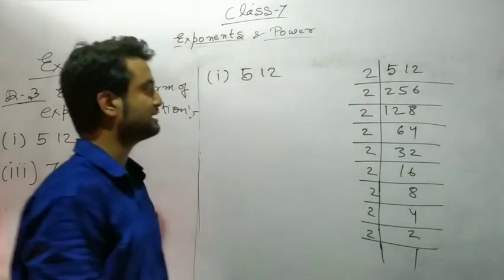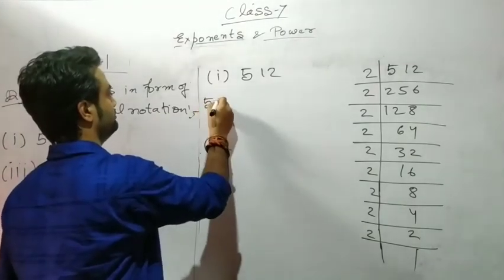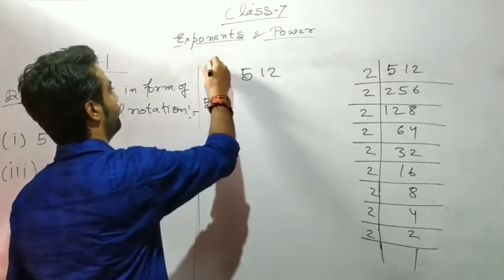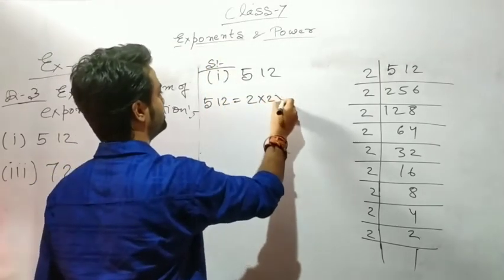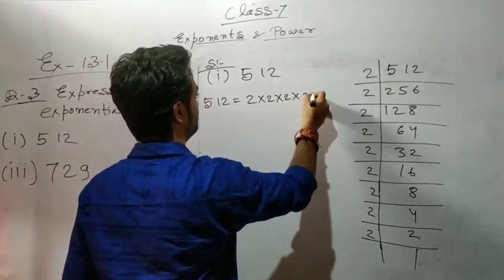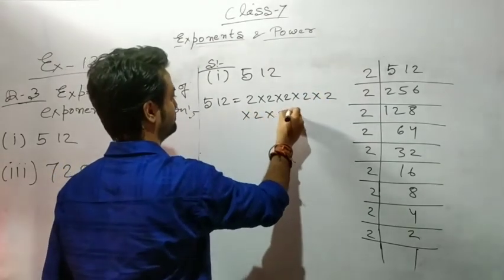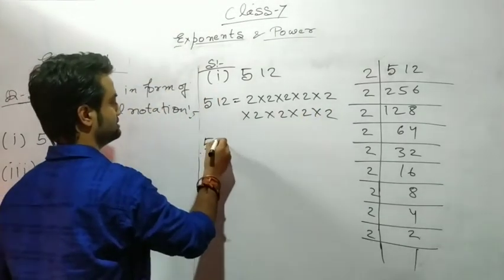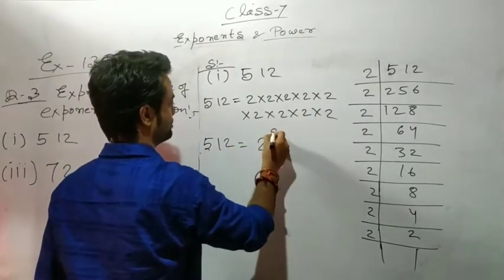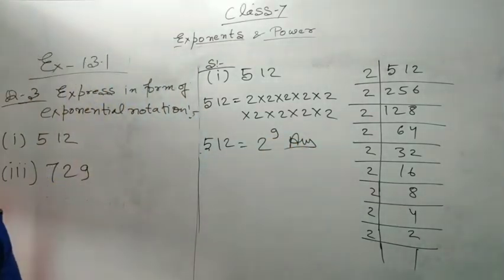So this is the prime factorization of 512. 512 is actually 2 multiplied with itself 9 times. So 512 equals 2 raised to the power 9. Understood? So it would be the easy question.